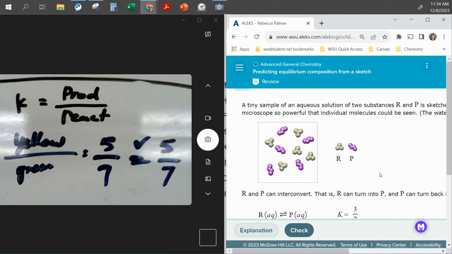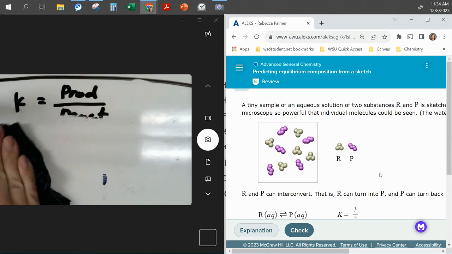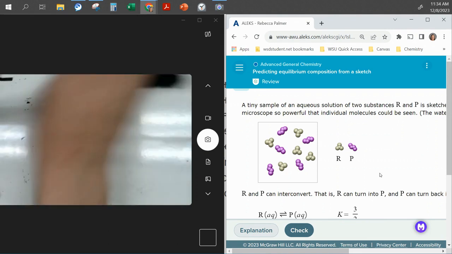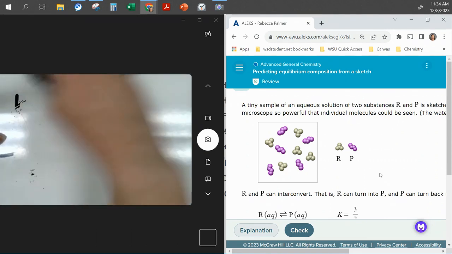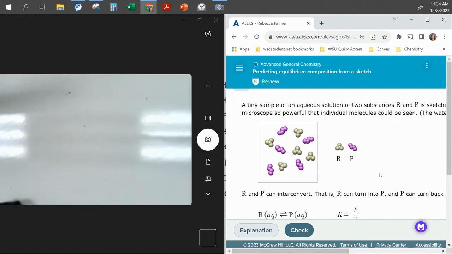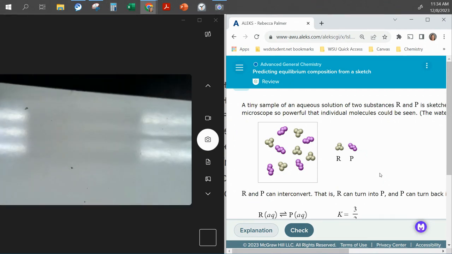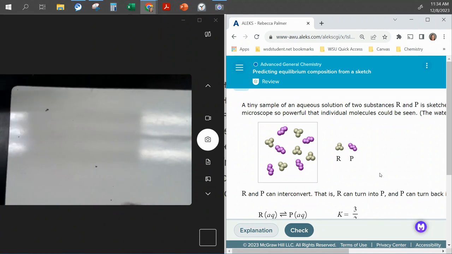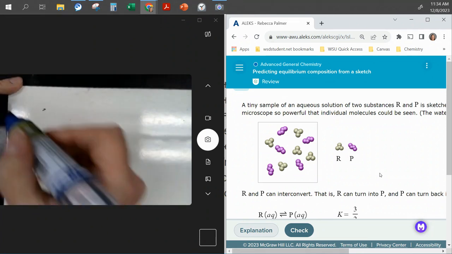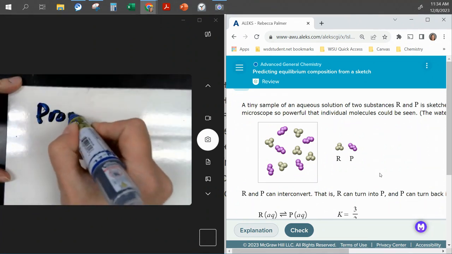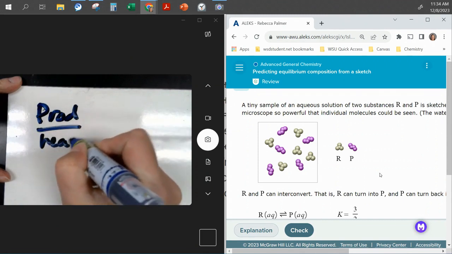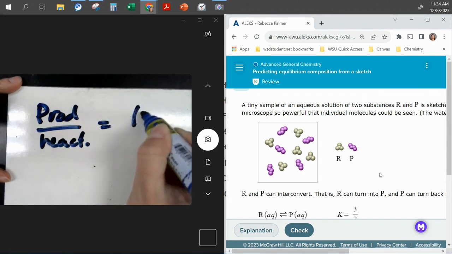Okay, this one is hard for me because it's dealing with fractions, and I have a hard time with fractions. But it's also not too bad. So let's go for a few of these ones. So still same thing, we need to remember that it's products over reactants. So products over reactants is the equilibrium expression.